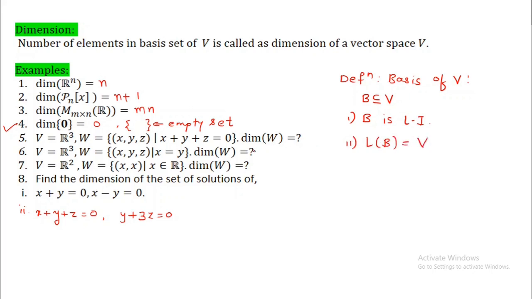But here we have to find the basis of W. So in order to find the basis of W, there will be some changes in the definition. What will that be?